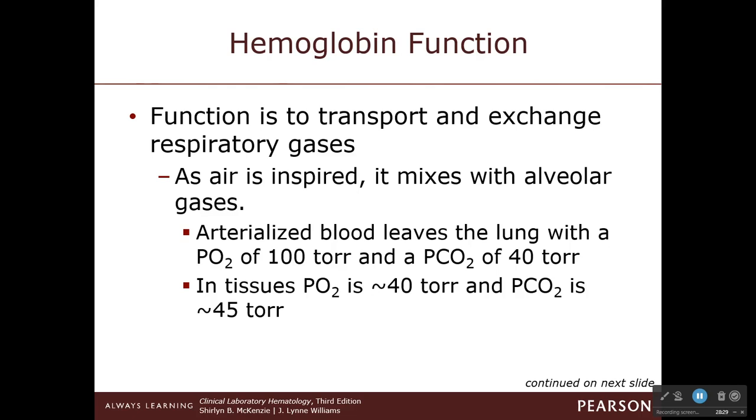Let me make sure I'm telling you right. Yeah, carbaminohemoglobin. I found it on slide 152. You found it? Okay, cool.